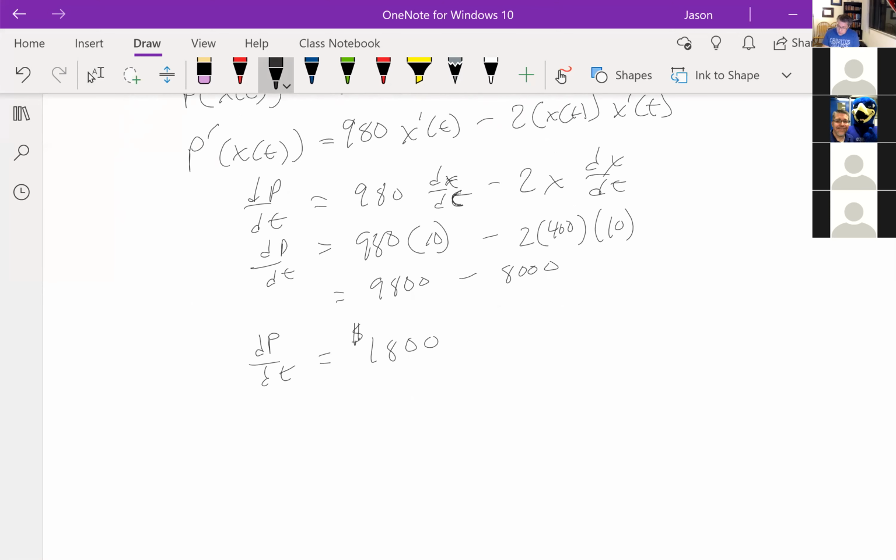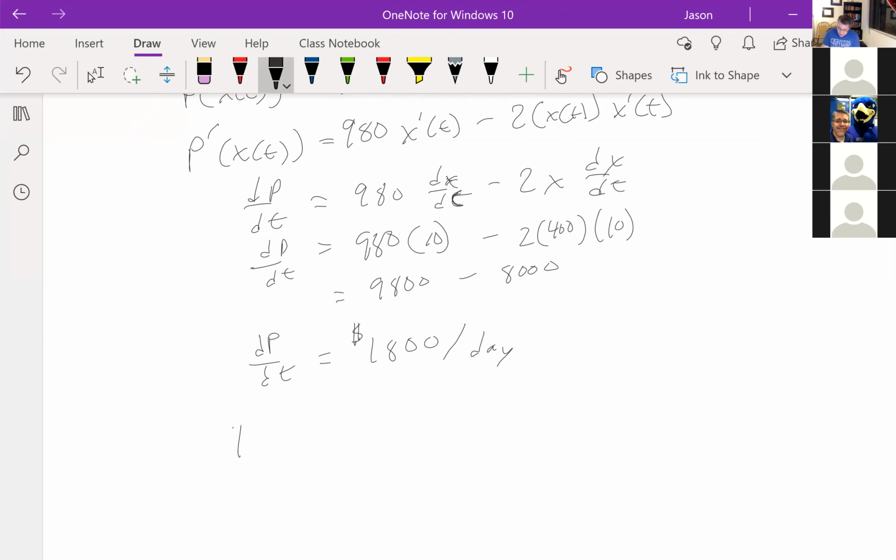And then what are we measuring time in? What are we measuring the time in this problem? Days, exactly, dollars per day. So what is this saying?